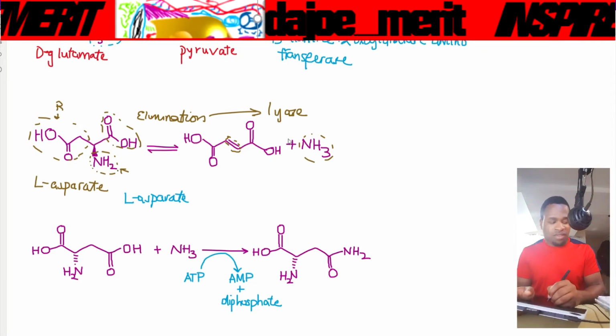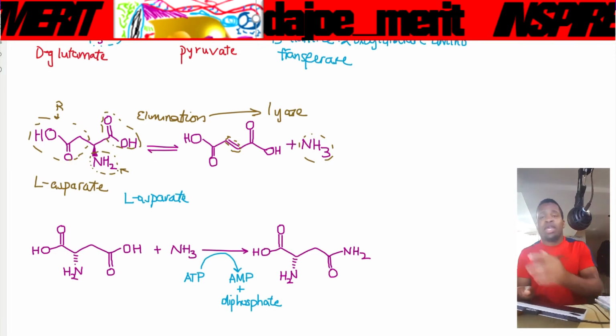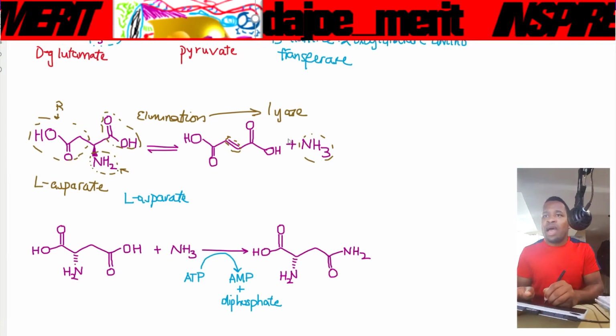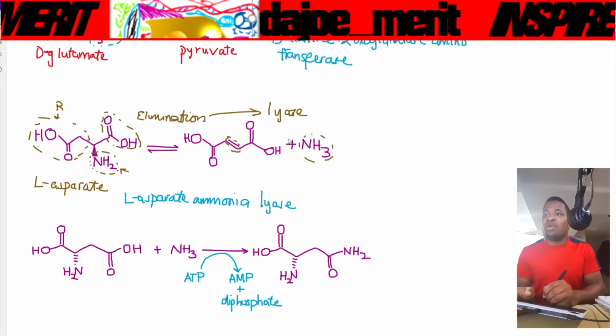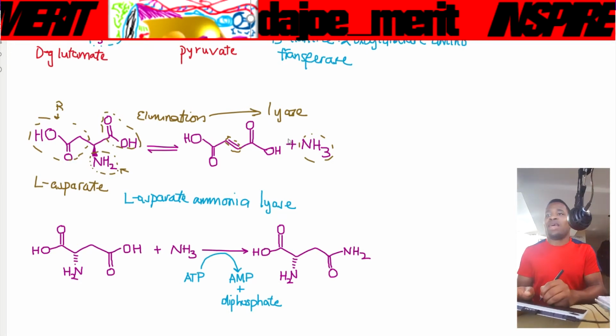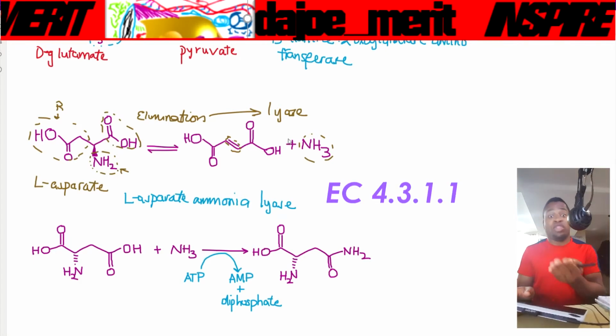In this case, since it's eliminated to form ammonia, then you just put ammonia as the product in there, and then you put the enzyme general name, which is lyase. So this in here is the enzyme that is involved in the transformation or the elimination of your amino acid group to become a reduced form of the amino acid group right there.